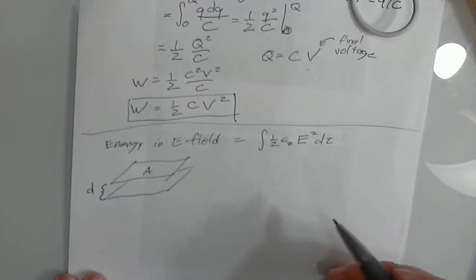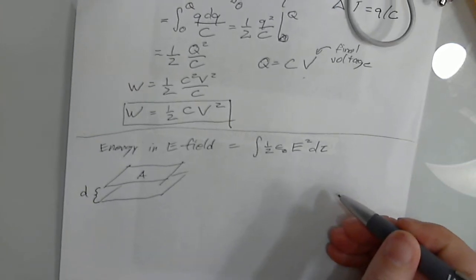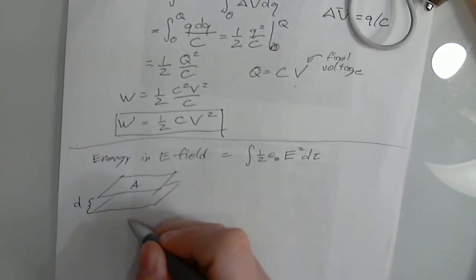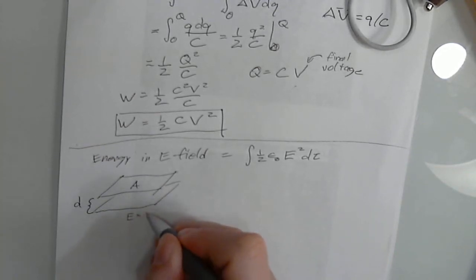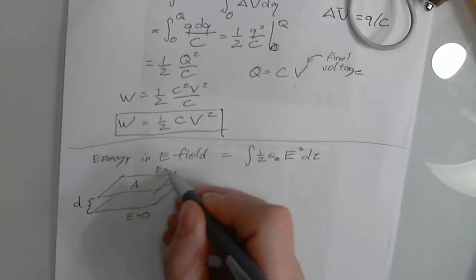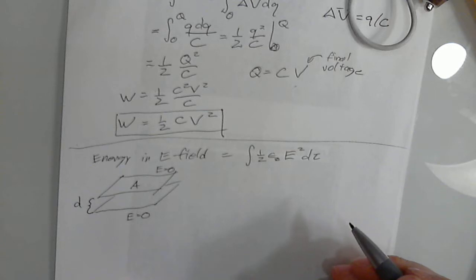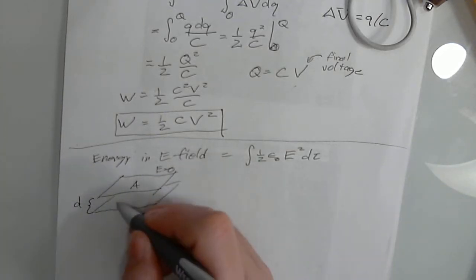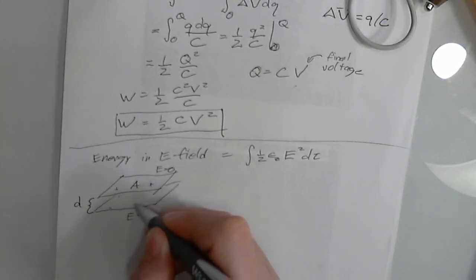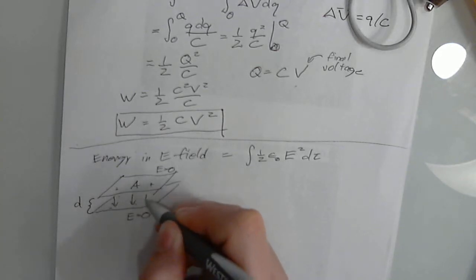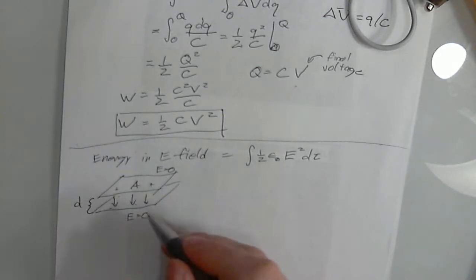Well, let's think about what the electric field looks like. We know that the electric field is equal to 0 above and below the plates. So that area makes no contribution to this energy integral over all space. But if the plates are positively charged here and negatively charged here, we're going to have an electric field that points straight down on the inside.